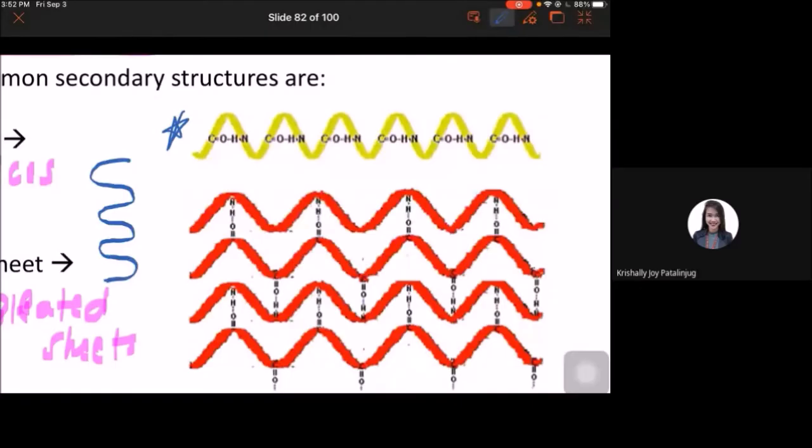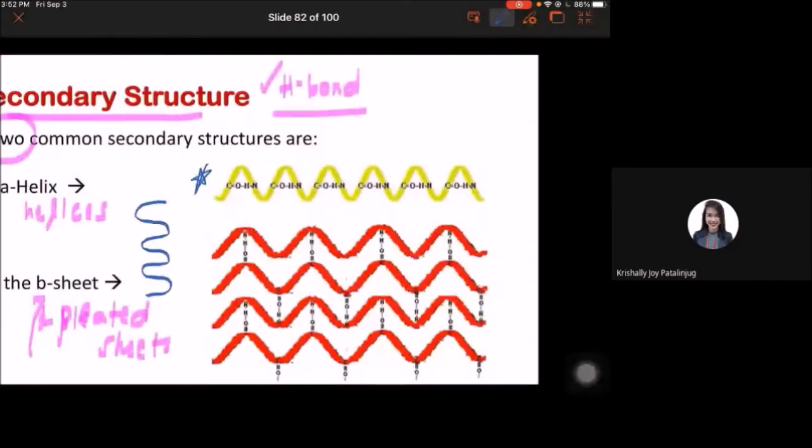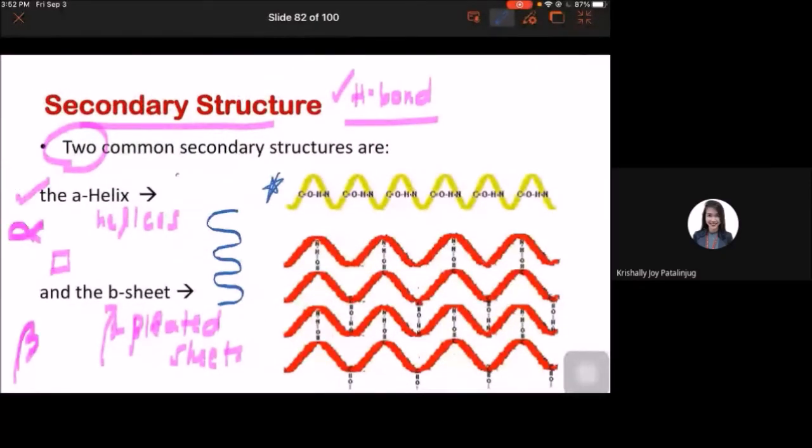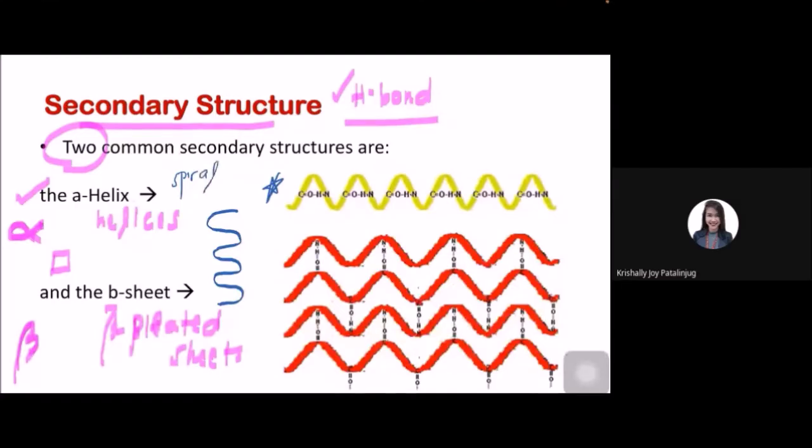Spiral. Basin inyong hunahuna pariha ra sila structure sa ubos. No, spiral lang first. Spiral in shape. Okay. So, next meeting, ma-discuss, mas ma-visualize ninyo iyahang structure.